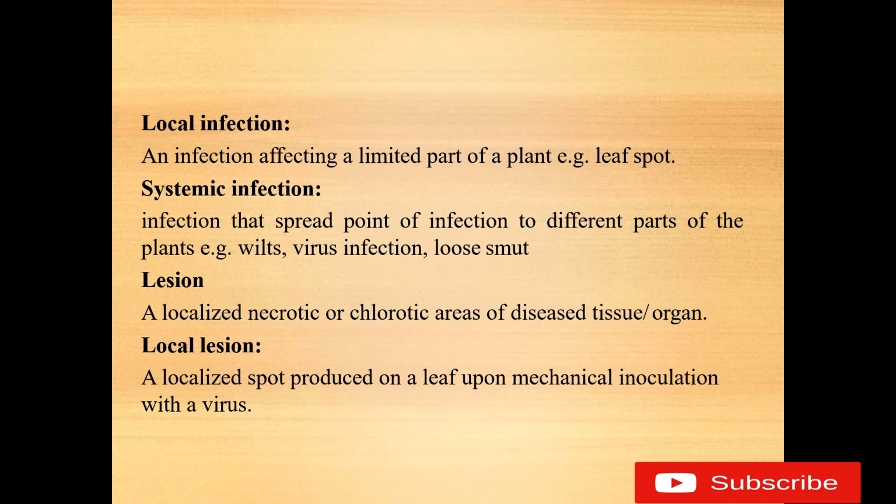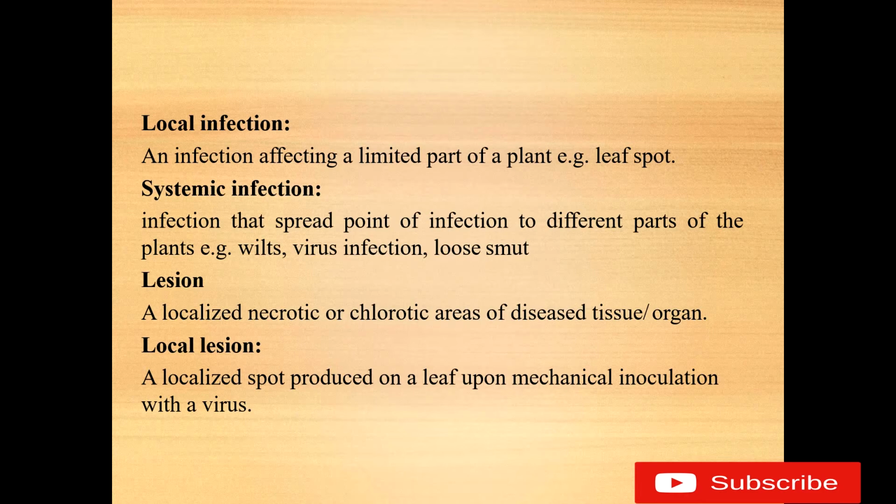There are two kinds of infections: local infection and systemic infection. Local infection, as the name indicates, affects a limited part of a plant. For example, leaf spot affects only that much area.